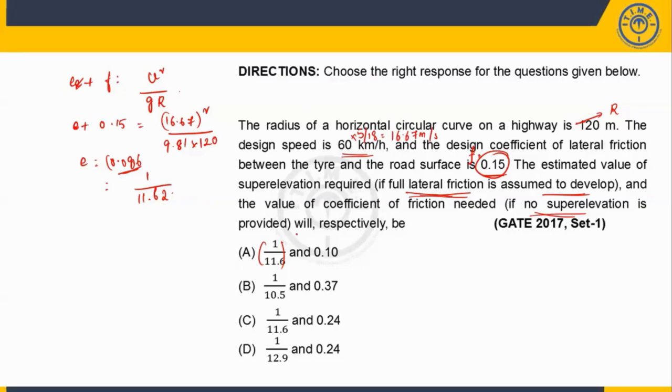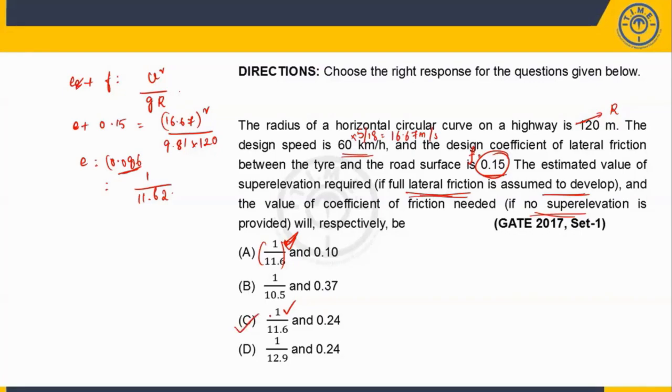So the super elevation is 1 by 11.62 in this case. We are left with one more thing. Directly I can pick option C.